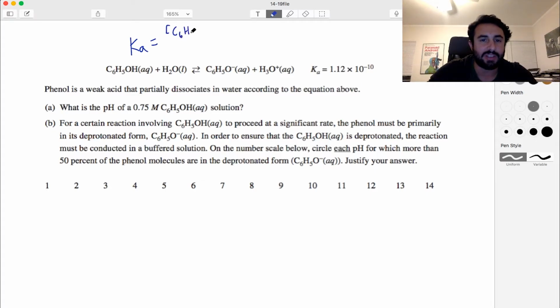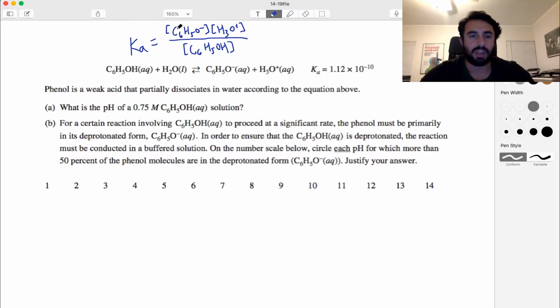So C6H5O minus times H3O plus over the reactant, C6H5OH. We definitely have to be able to write a Ka expression. Remember, water's not in there, that's a pure liquid. So we have this times this over that, and we have a Ka value.